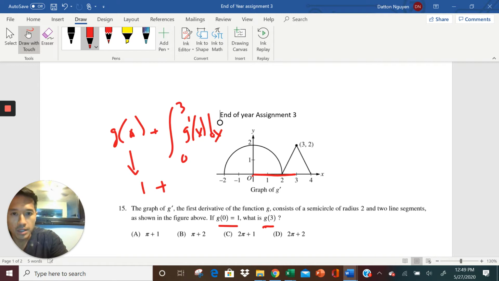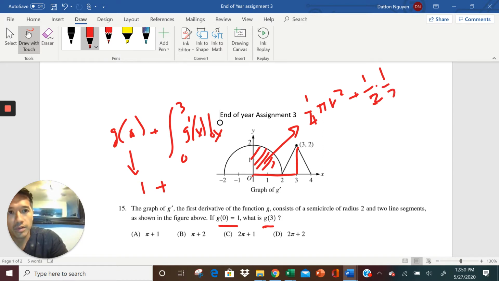If I look at this part, this area right here is 1/4 the area of a circle, okay, plus, up to this point right here, half a triangle. So it is going to be 1/2 base times height.